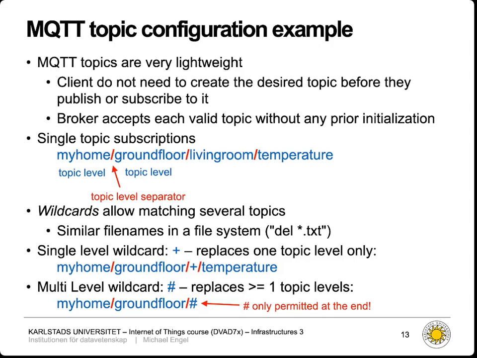So this replaces exactly one topic level, so exactly one level between two slashes. The example here shows my home / ground floor / plus, which is the wildcard for a single level, / temperature. So this means whenever a topic that's published contains at the beginning my home / ground floor, and at the end it contains temperature and has exactly one level in between, then we match.